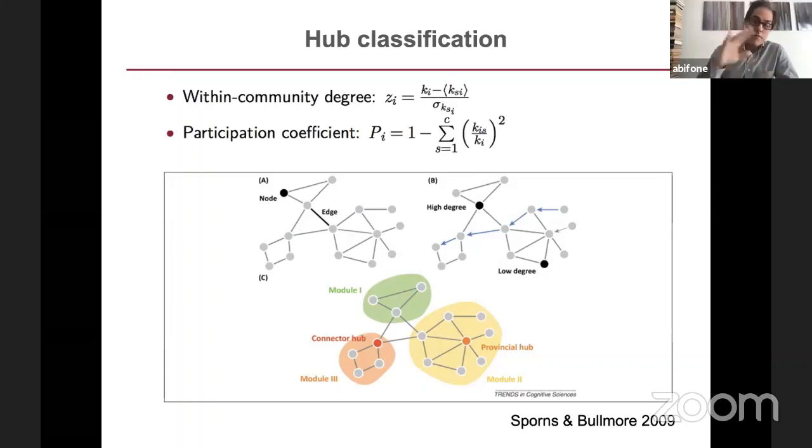Some others are very important to maintain and ensure connectivity over the entire network. They connect mostly different modules. So they are very important for the integration of these connectivity networks.